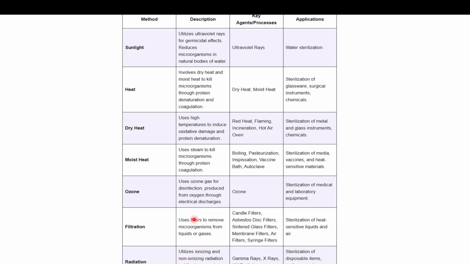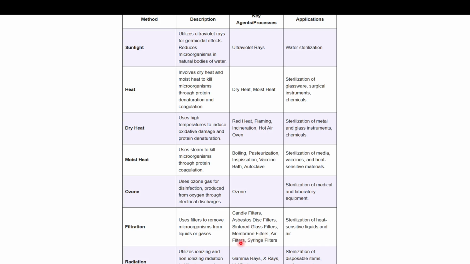You can use filters to remove microbes from liquids or gases. There are candle filters, and water purifiers also use candle filters. There are different kinds of syringe filters that I was talking about earlier for laboratory purposes.